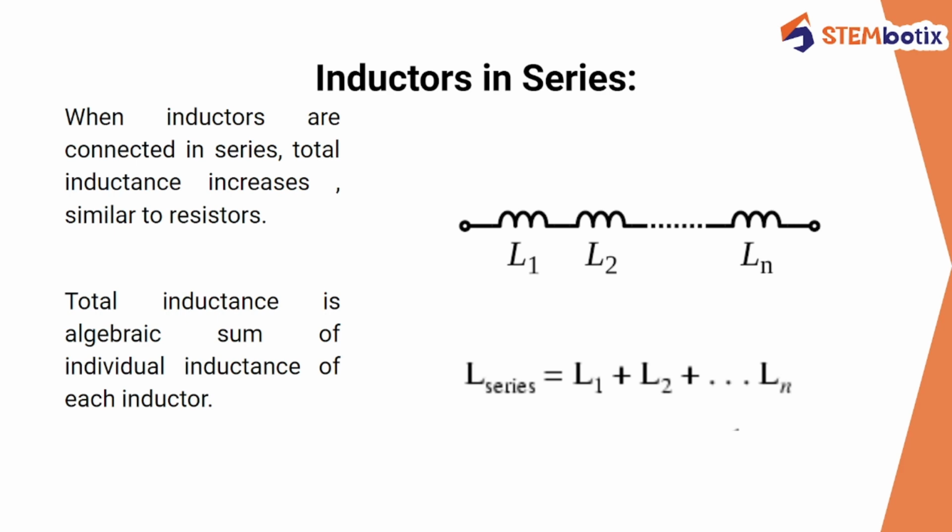If you remember, when you connect n number of resistors in series, the total resistance of the circuit increases. The same here: the total inductance is the algebraic sum of the individual inductances.